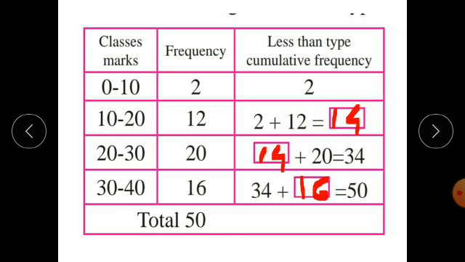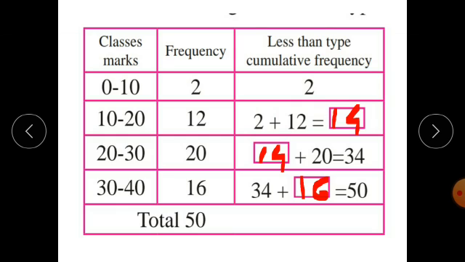In short, it is also called less than type cumulative frequency.